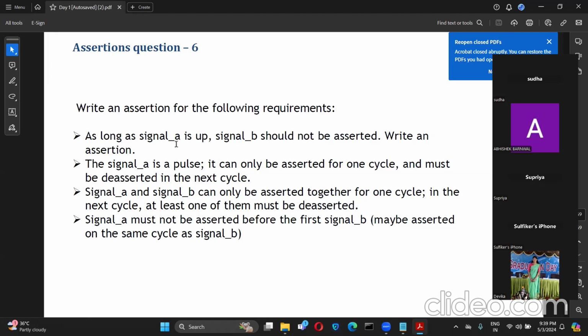It need not start with signal A only. You can always write a negative condition to get the positive condition also. You can think in a reverse way also. For example, there is also one more operator called until. Using that also we can write, and you can also write using the implication operator. So for one kind of requirement of the assertion, there could be n number of solutions.